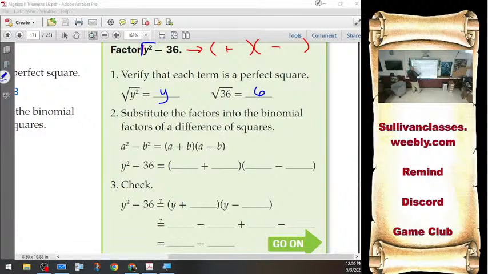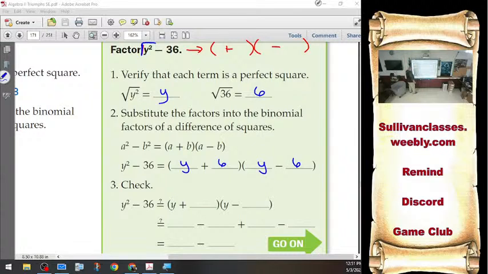So I'm going to turn this into y plus 6, y minus 6. I take the square root of those two things and I get a plus minus pair if there's no middle term. If there is a middle term, plus plus or minus minus, keep the sign.